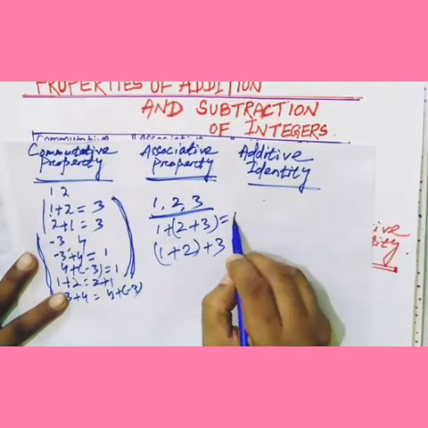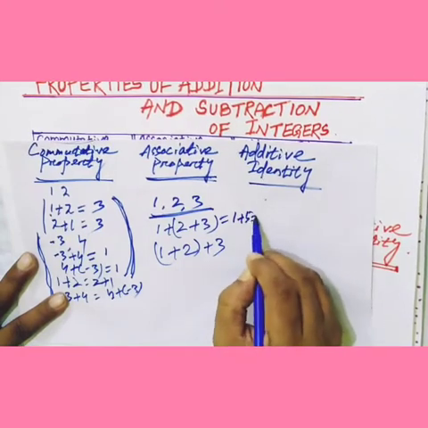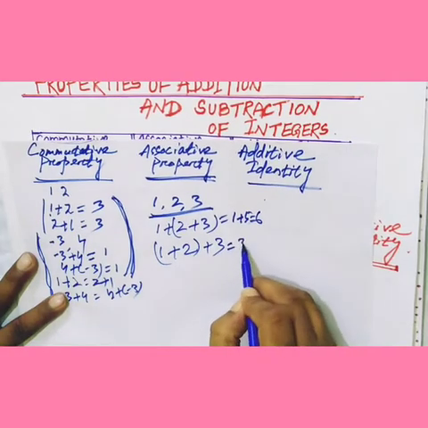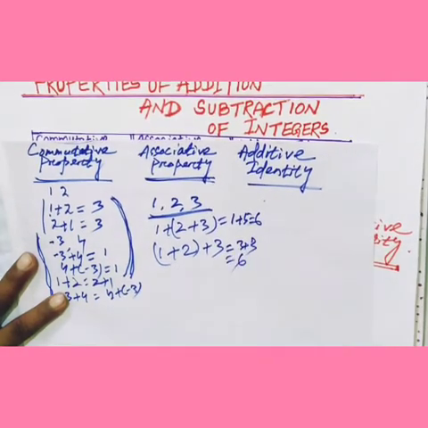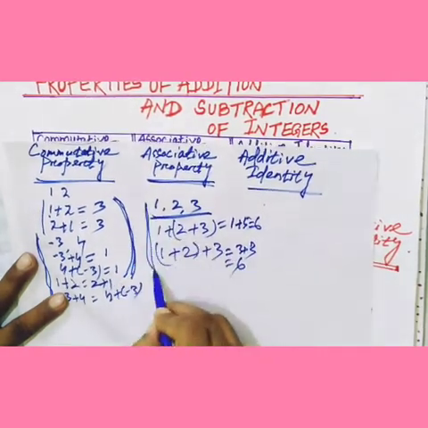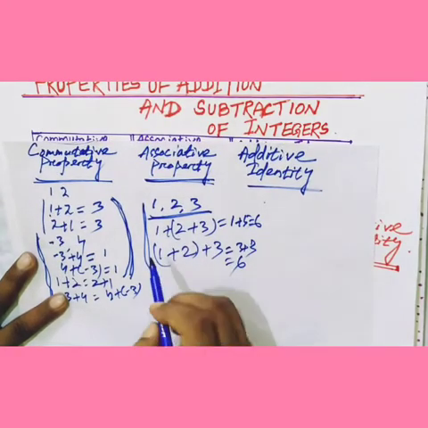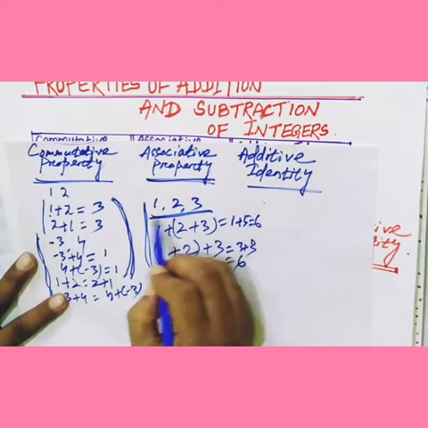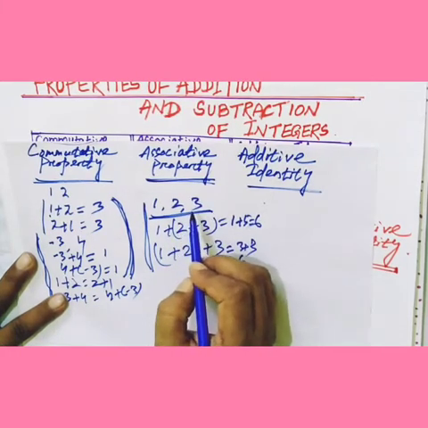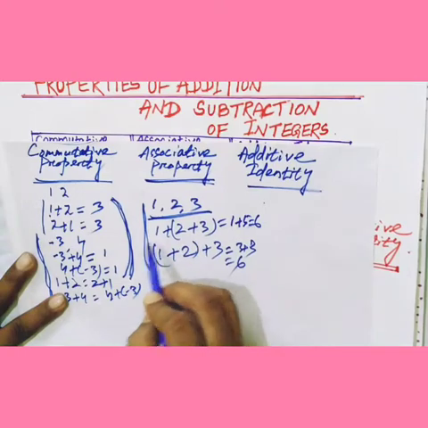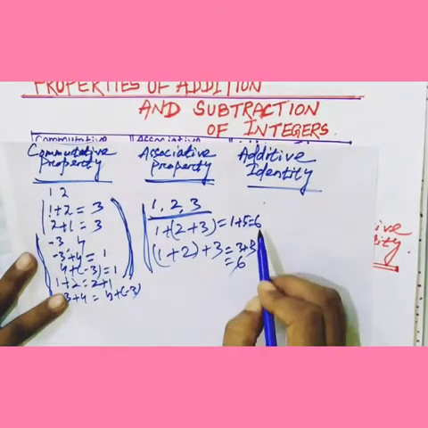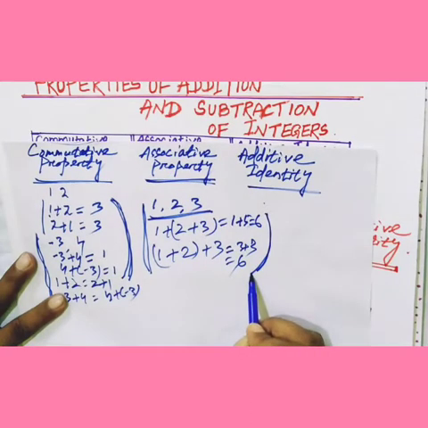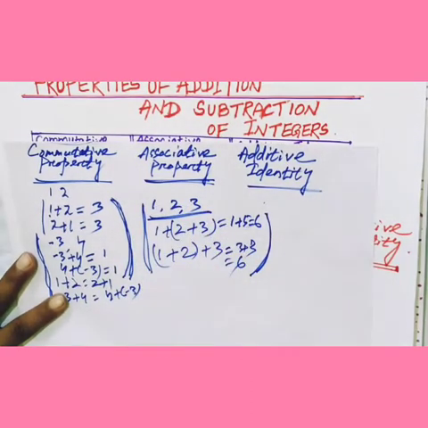Here 1 plus 5 equals 6, and here 3 plus 3 equals 6. If we take any three whole numbers or integers and add them in a different order, the sum is the same. So this is the associative property.